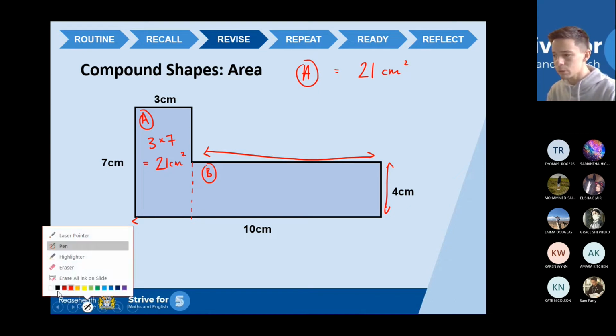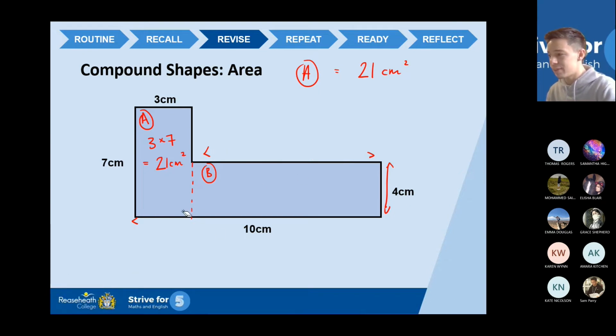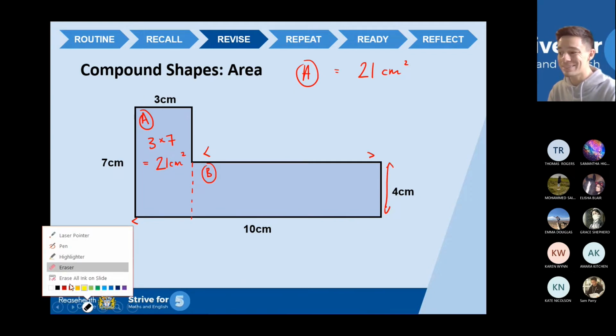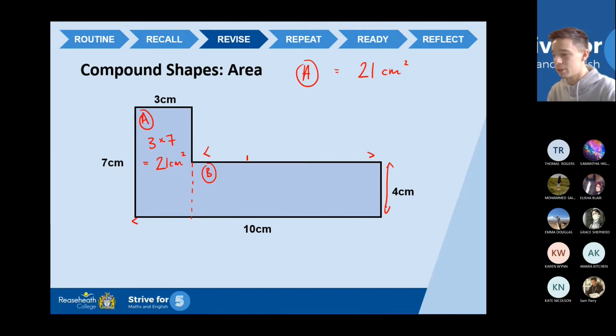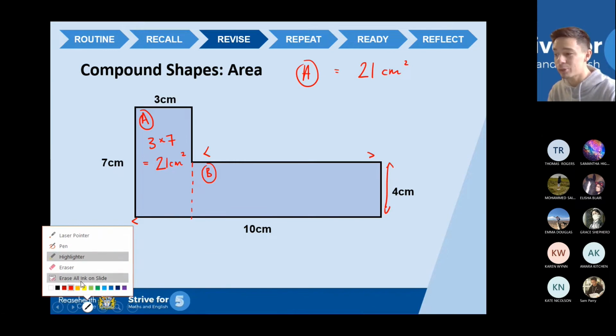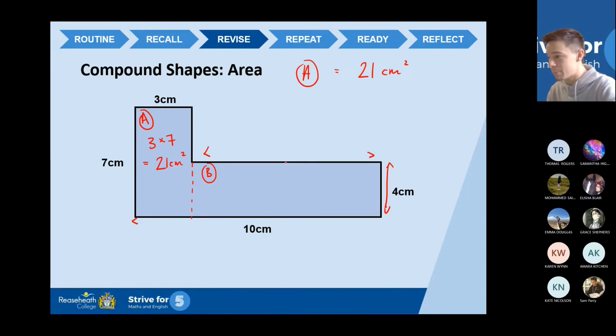What I do know is that this side and this side together add up to 10, because that side and the top up there have to equal this length here, which is 10 at the bottom, right? And if I know this bit is 3 at the top, then I know the missing number has to be 7, okay? It can't be any other number, can it? So let me write 7 centimeters there.